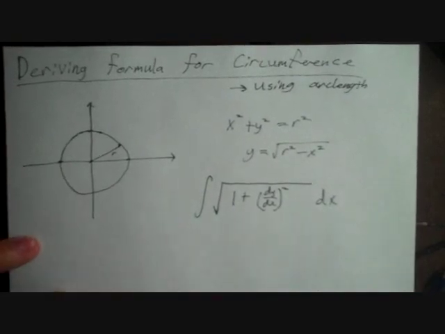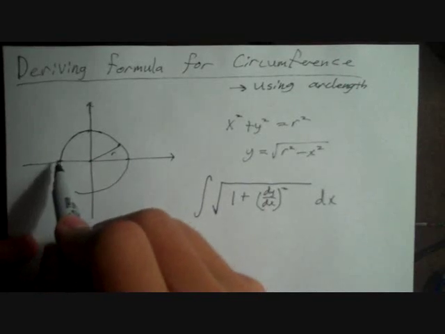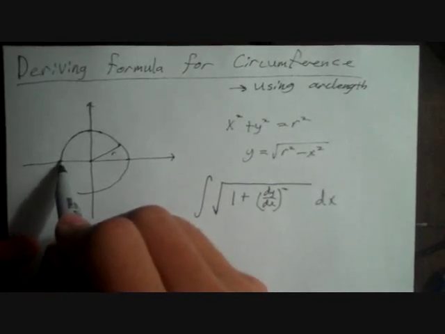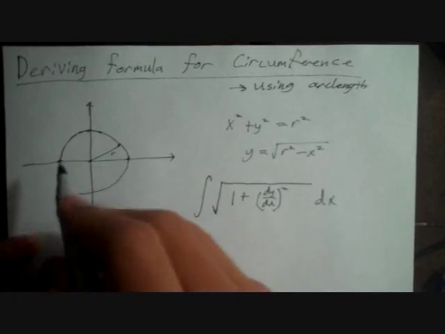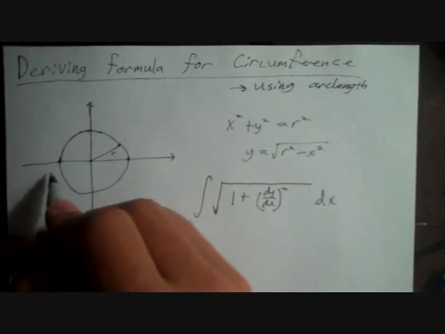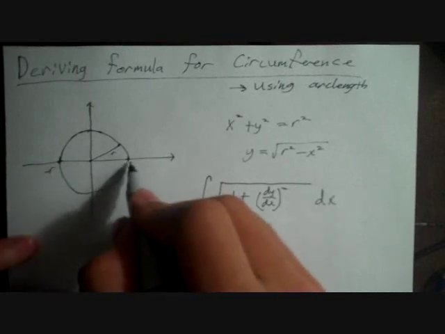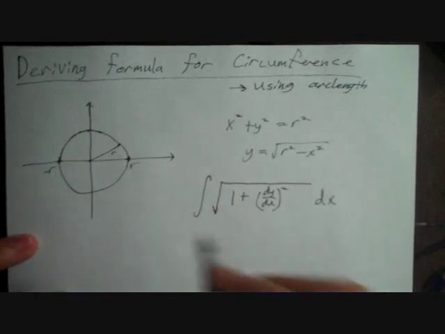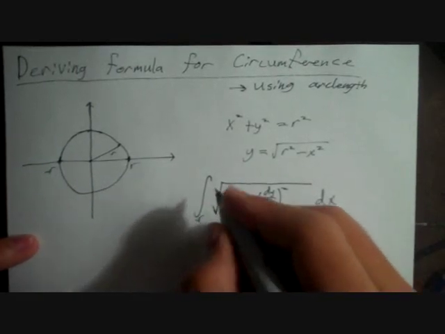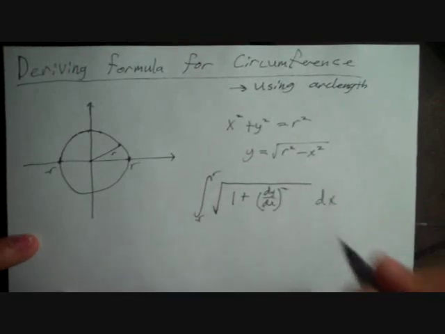They're going to be the limits of our curve. So we want to find the length of our curve from one side of our hemicircumference to the other side. If this is radius r, that means this point is negative r, and this point is r. So we're going to integrate from negative r to r, right?